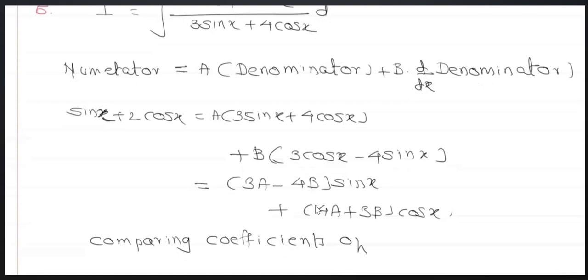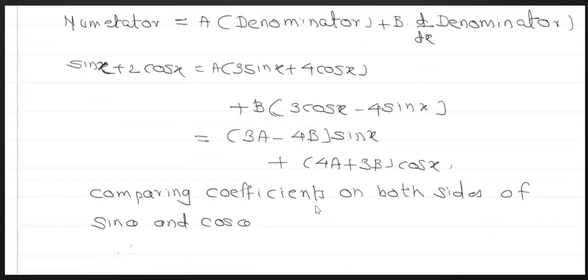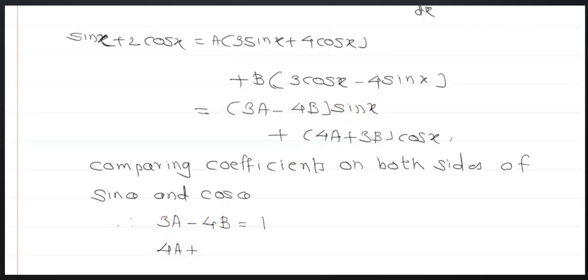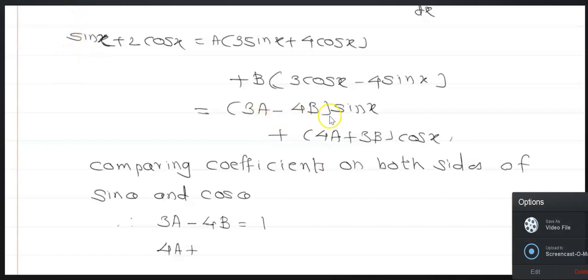Comparing the coefficients on both sides of sin x and cos x, 3a minus 4b is equal to 1.